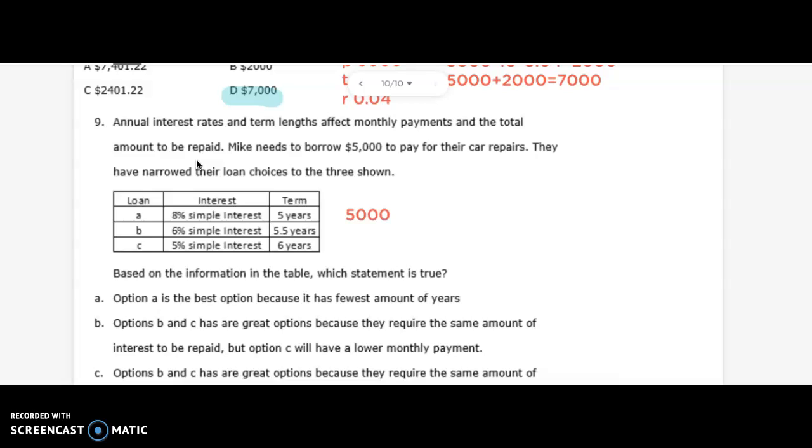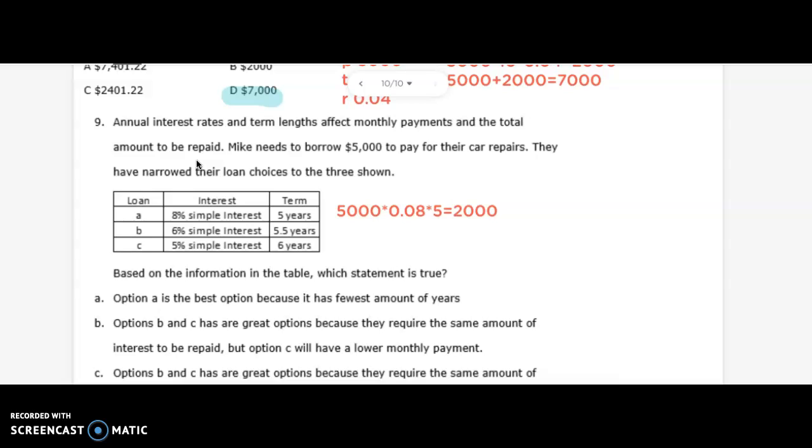So that's 5,000 times 0.08 times 5. Okay, and I'm going to use my handheld calculator because it's just faster. And it tells me that the answer is $2,000. So under this one, he's going to be paying $2,000.